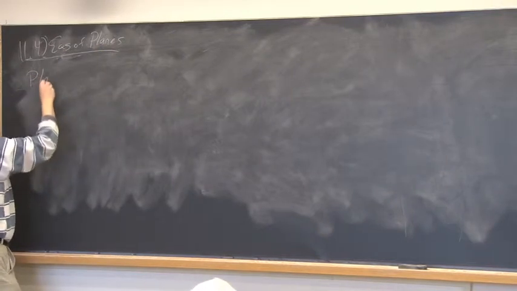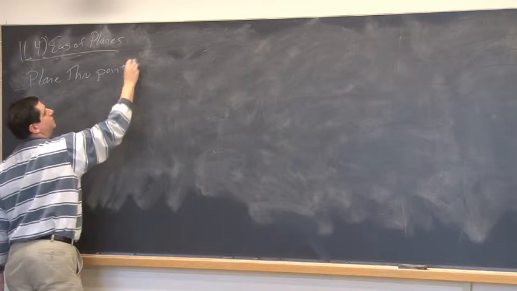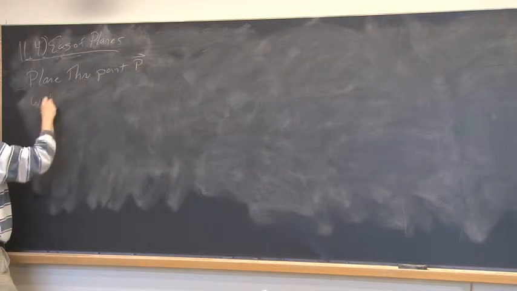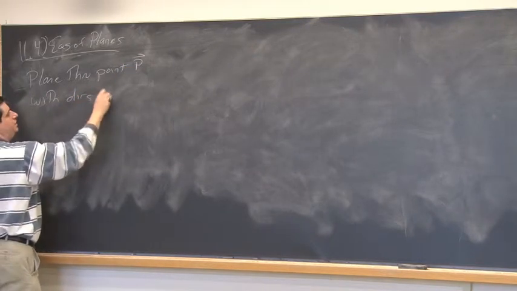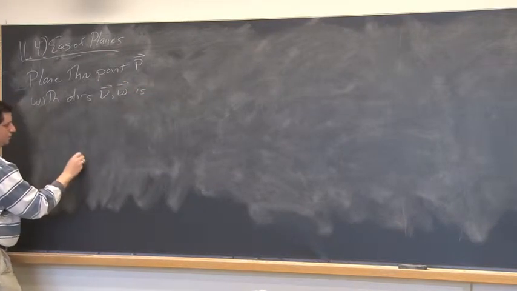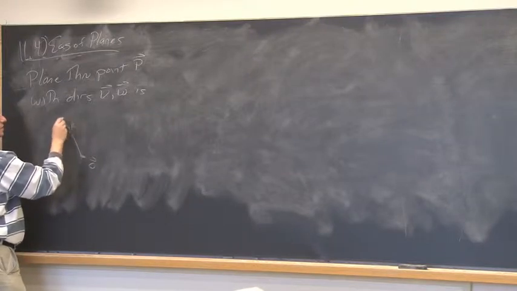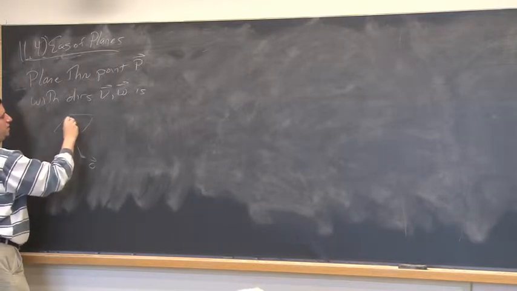So the plane through the point P with directions v and w is the following. So again, as always, here's the origin. Here's P. Here's my plane. And here are my directions v and w.